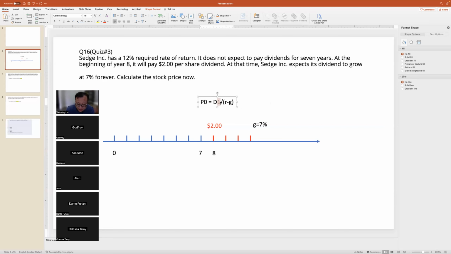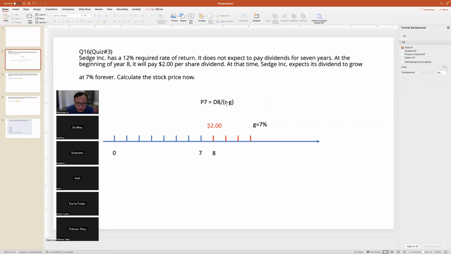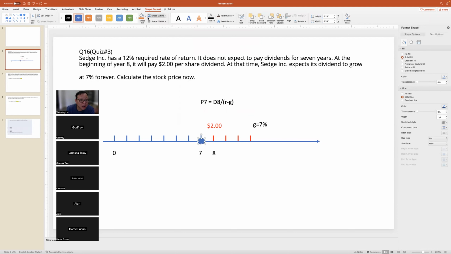So if I use D8, here it is going to be P7. Starting from year 8, I have a perpetuity lasting forever with a dividend growth rate of 7%, and those cash flows have a present value at year 7.